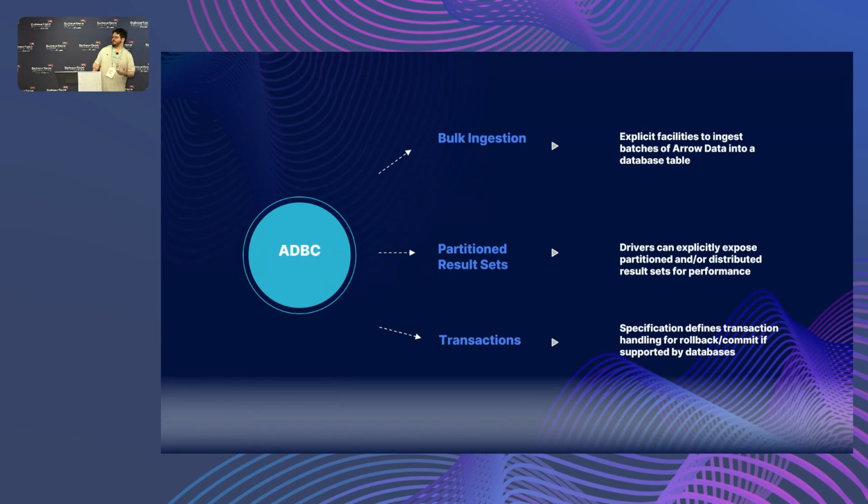You can handle partitioned result sets if your database happens to allow for different locations to fetch your results from, to benefit from partitioning the result set. ADBC has you covered. It also provides some facilities for transactions so that you're not left out in the cold there. You're not giving up any functionality of your database to use ADBC. It complements your databases.